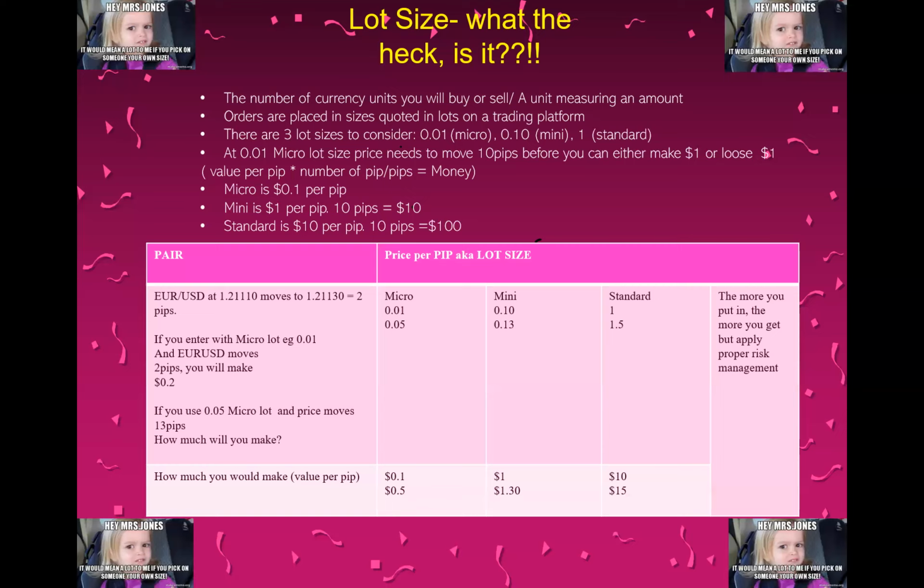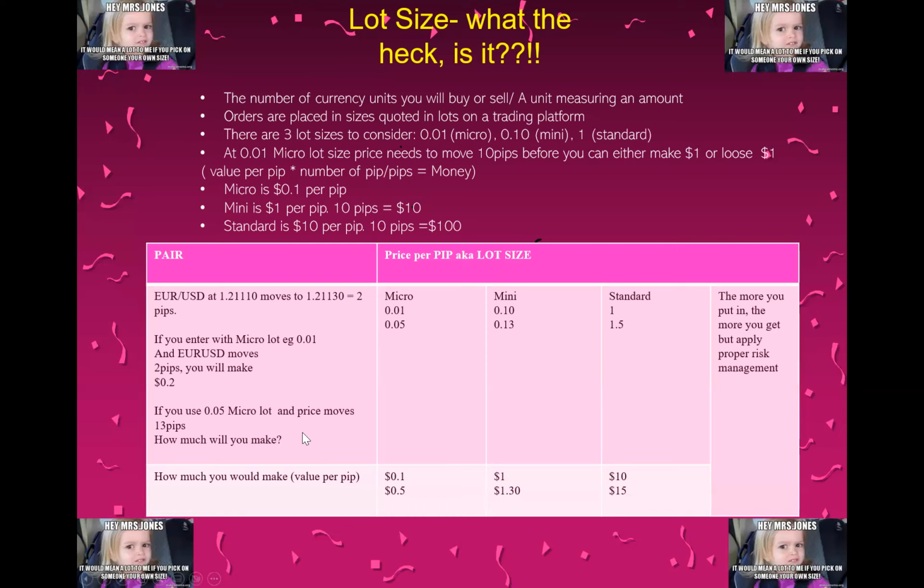Can you hear me? Okay. To use one lot size, you need 10K accounts. To use a mini lot size, you need 5K accounts.